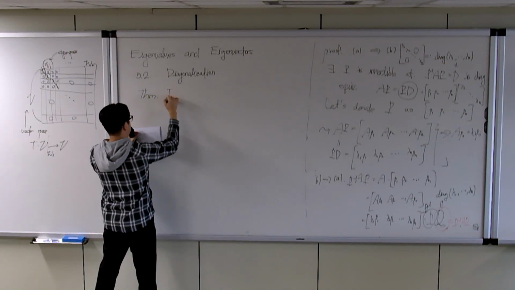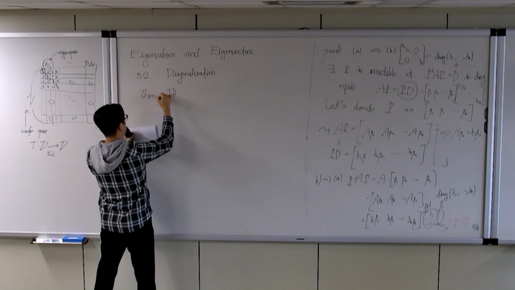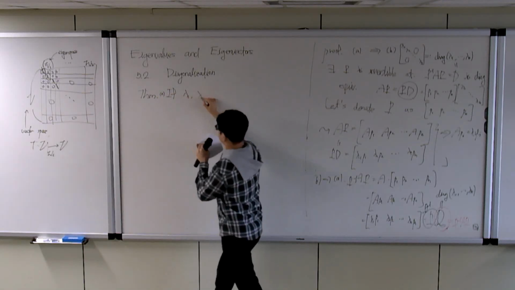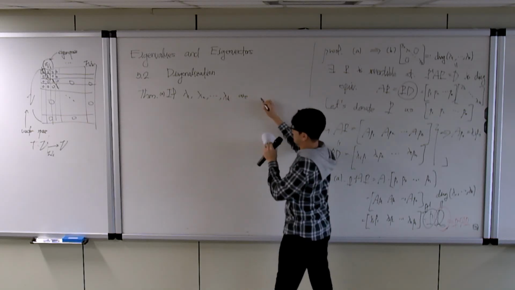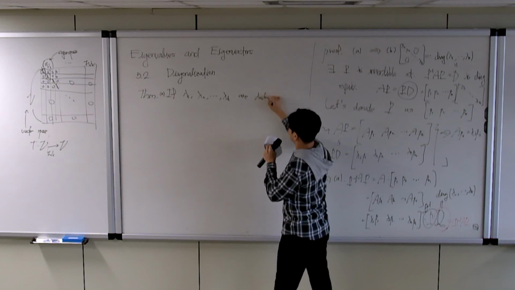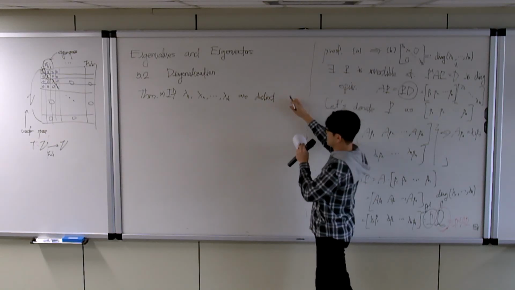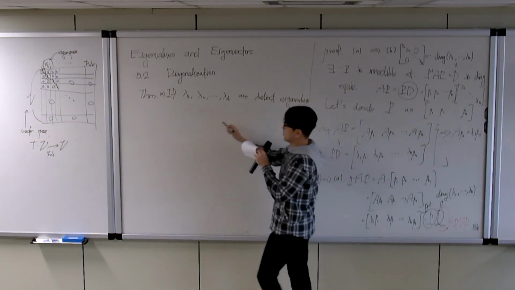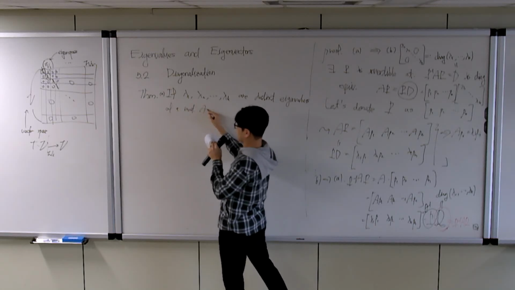Then we can find a linearly independent subset, and I will denote it V1 to Vr.